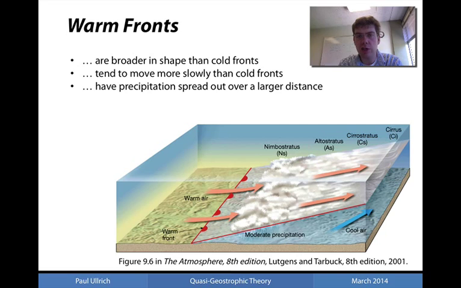The precipitation associated with warm fronts is typically minor as compared to cold front events. These fronts also typically move much more slowly than cold fronts because, as you can imagine, the wedge-type shape gives it very little lateral momentum or lateral force on the cold air, which is also typically heavier and hence more difficult to move. And these fronts typically have precipitation spread out over a larger distance.